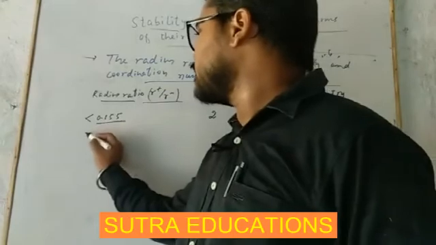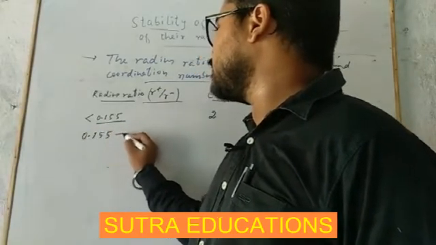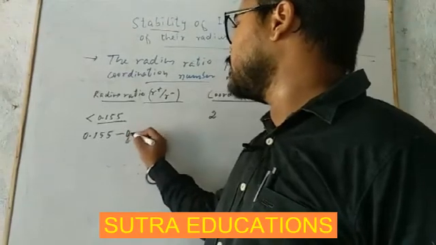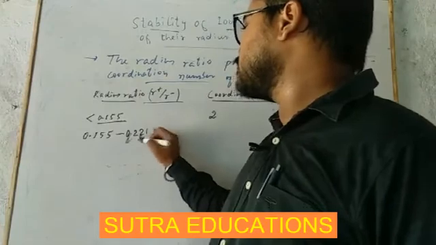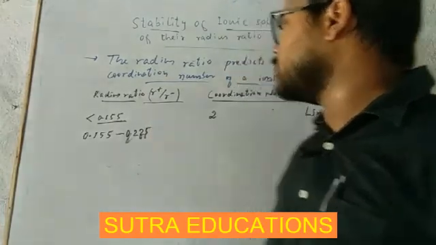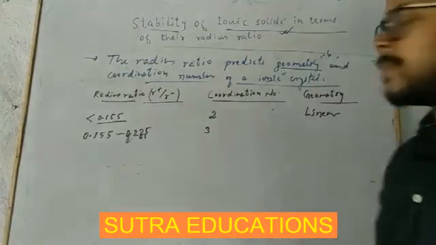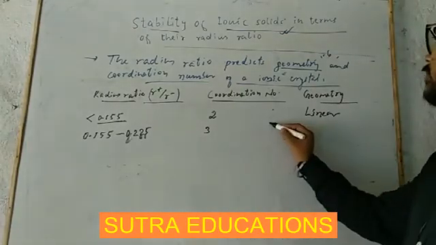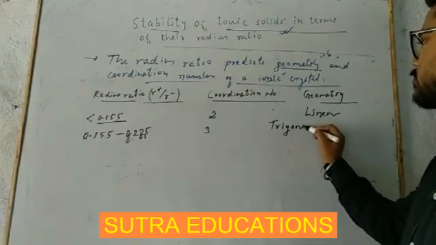If this radius ratio lies between 0.155 and 0.225, then the coordination number will be 3 and the geometry will be trigonal planar.